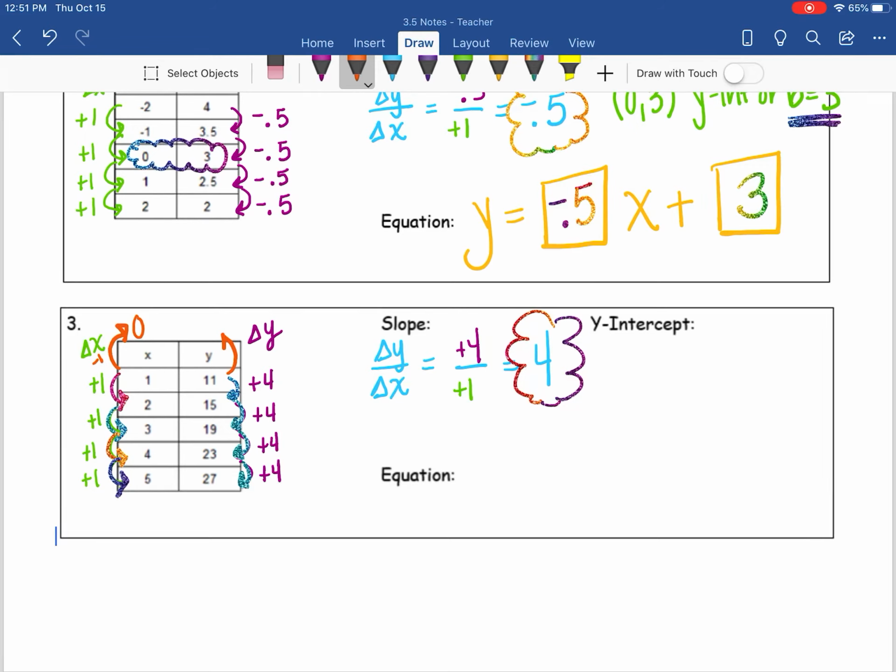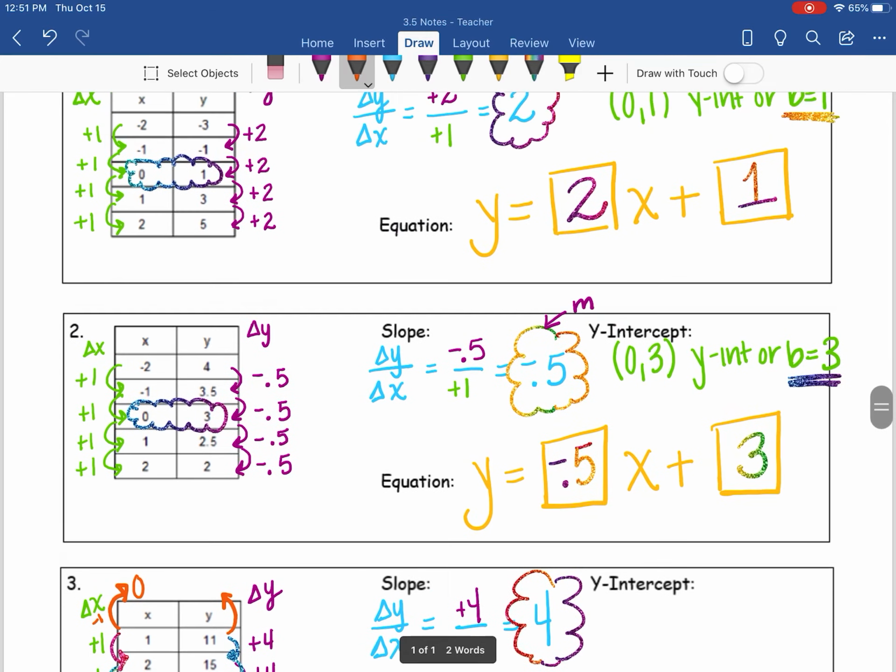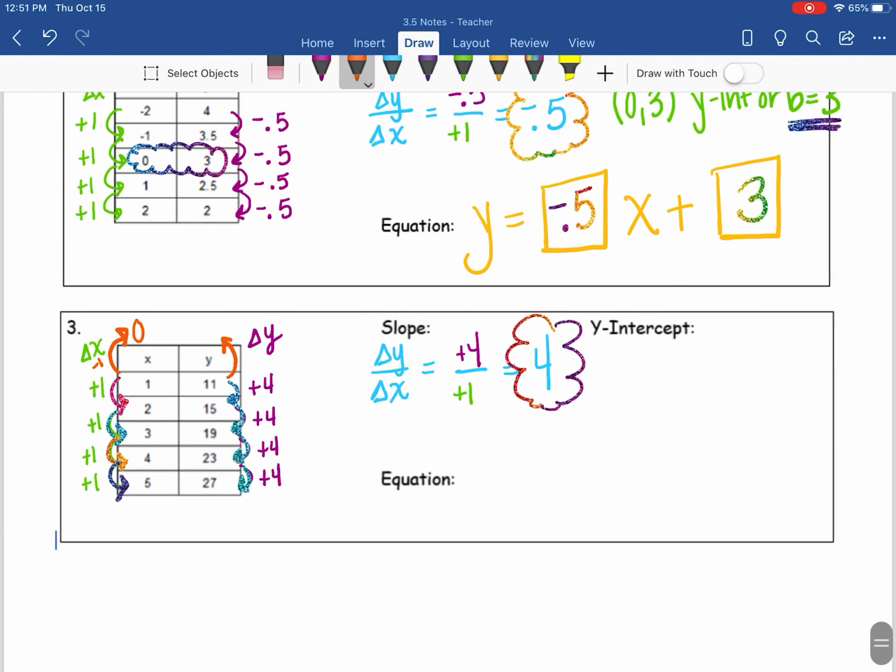But now we have to go backwards to find the value of y, which means instead of adding 4, we're going to subtract 4. If I take 4 away from 11, that would give me 7. So now I have my y-intercept. My y-intercept is (0, 7), which means my y-intercept, or b, is equal to 7.